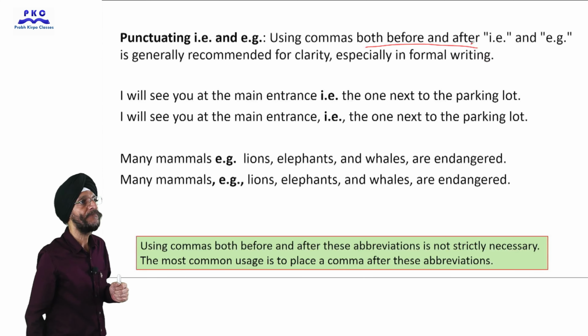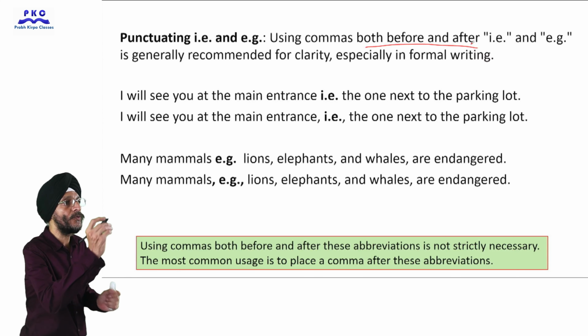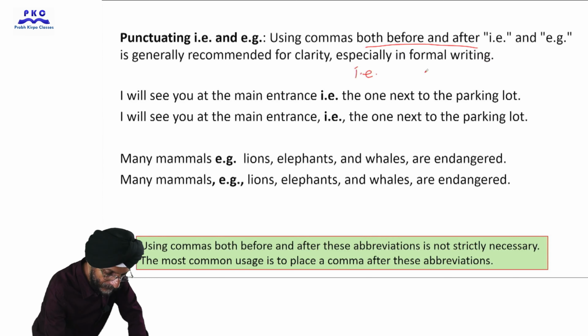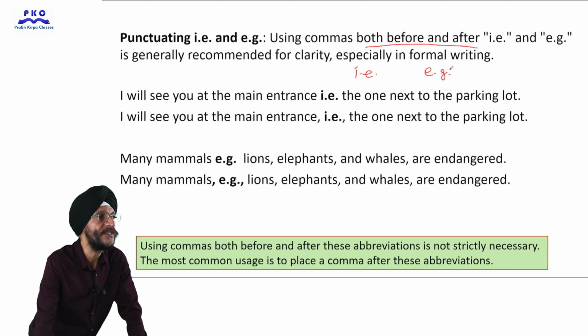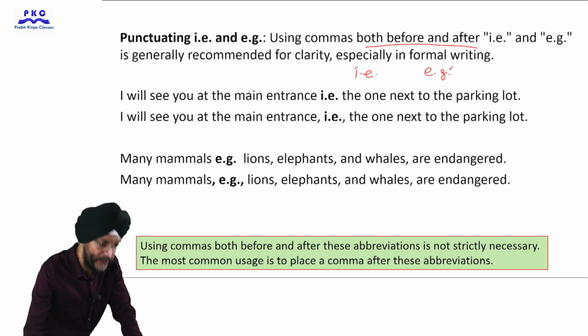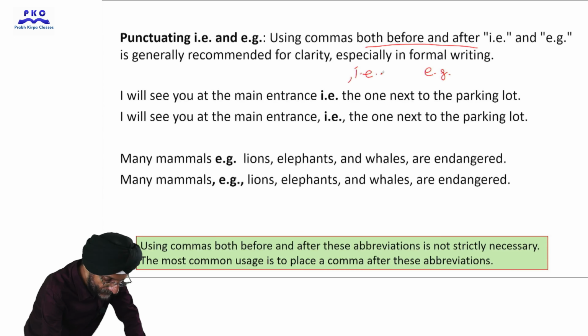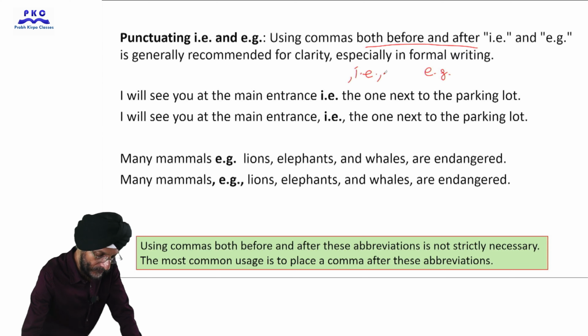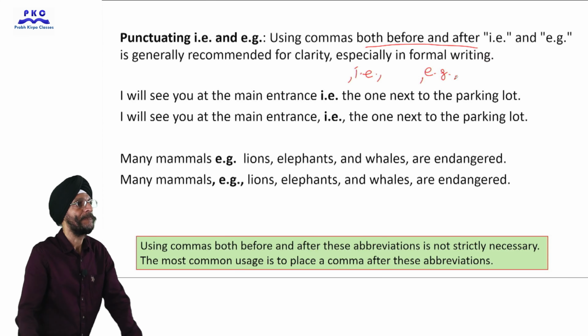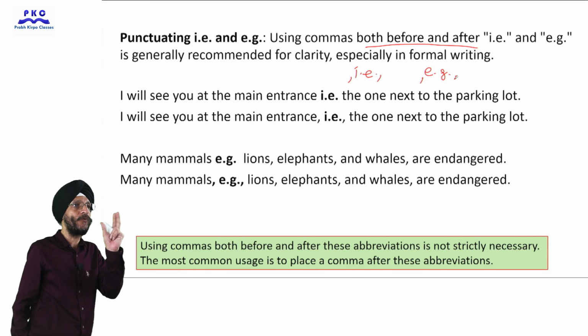It means that when we are making use of the abbreviation i.e., that is, or e.g., for example, it is recommended that we use a comma before and after i.e. and e.g., especially in formal writing.